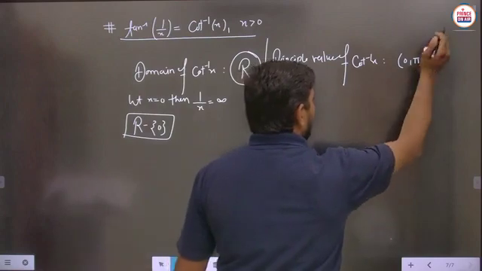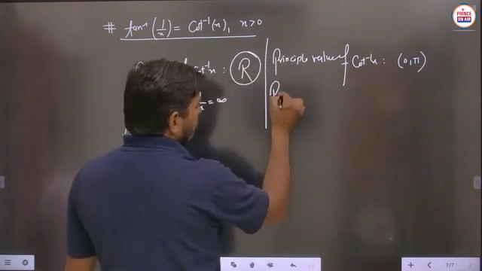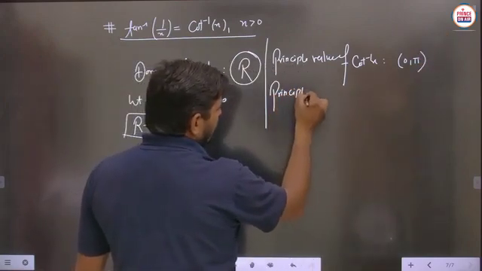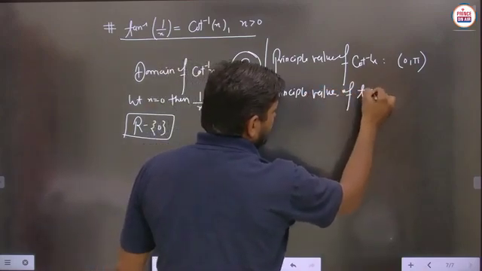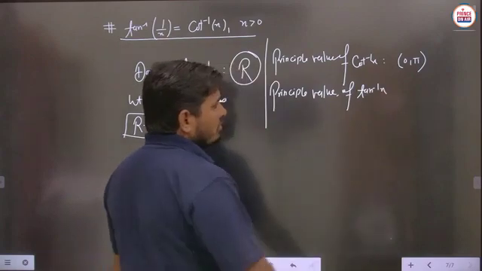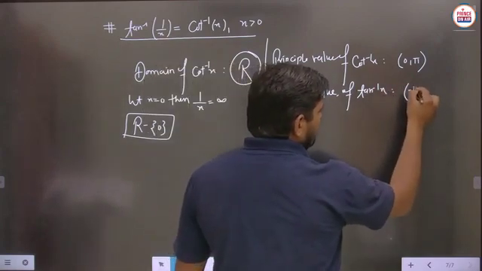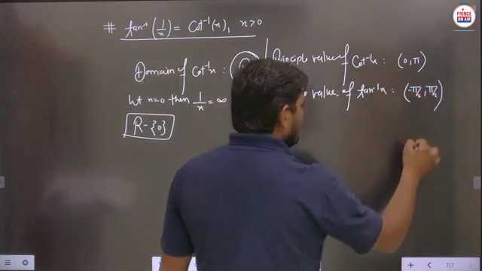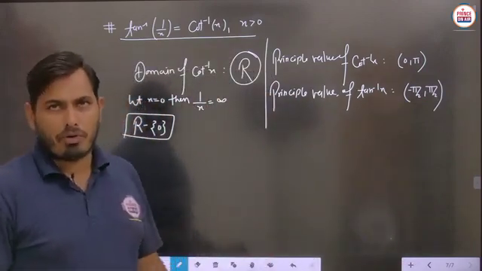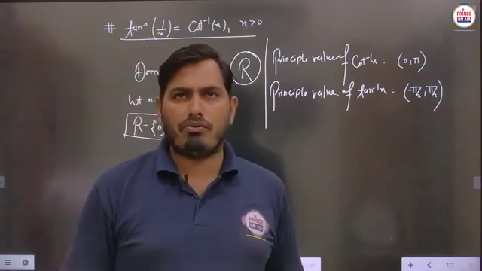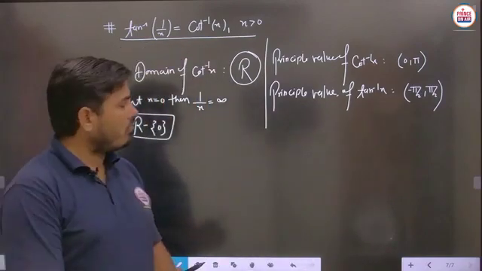And you know very well about the principal value of tan inverse x, which belongs to minus pi by 2 to plus pi by 2. In the starting of the class, we discussed a very important table where all the principal values of all inverse trigonometric functions are defined.